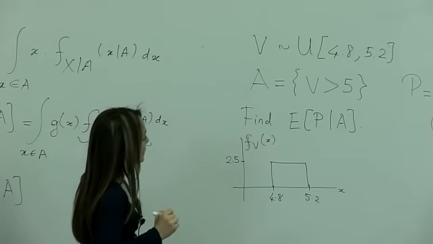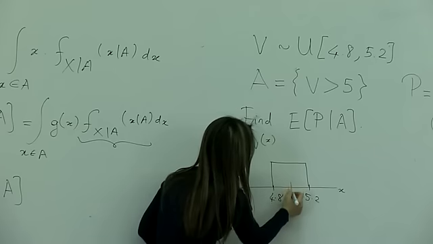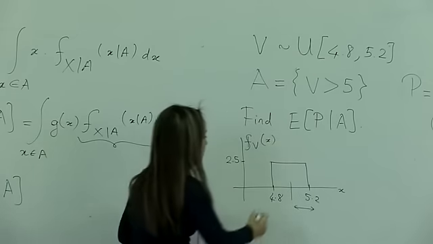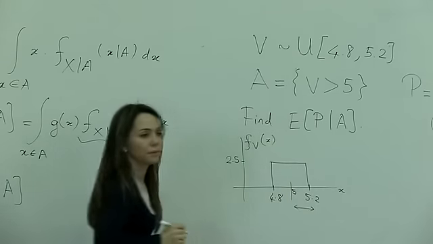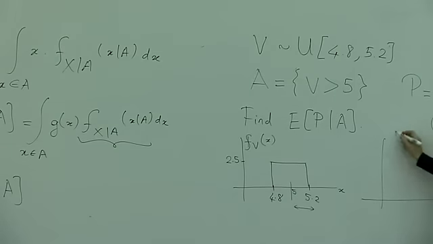The event A, let's mark it here. The event A is the event that the voltage is bigger than 5. So it's easy to form the conditional density in this case. f_{V|A}(x|A) is f_V divided by the probability of A. What is the probability of A?